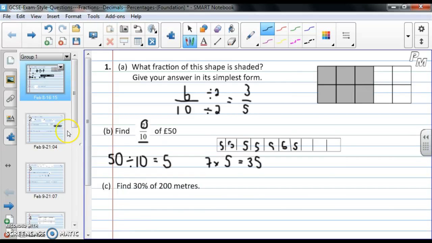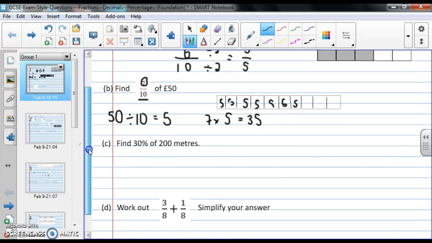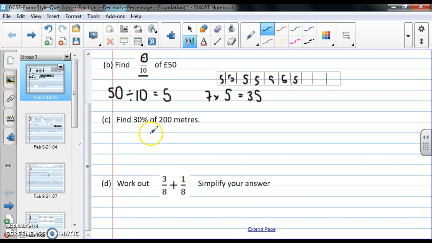Now, for this one, I'm not going to go through it with you, but what I'd like you to do is find 10%. Remember, percentages are always out of 100. So if I'm converting 10% to a fraction, I have 10 out of 100.